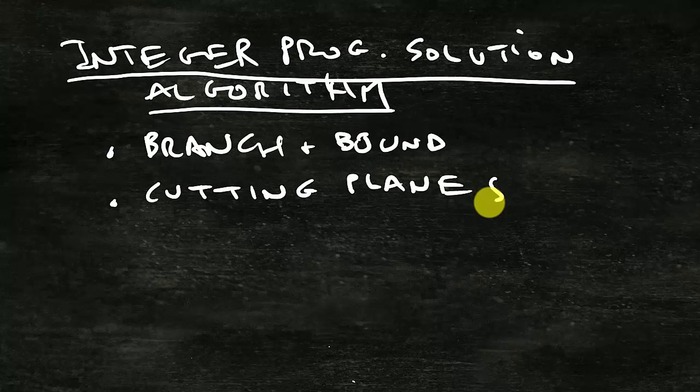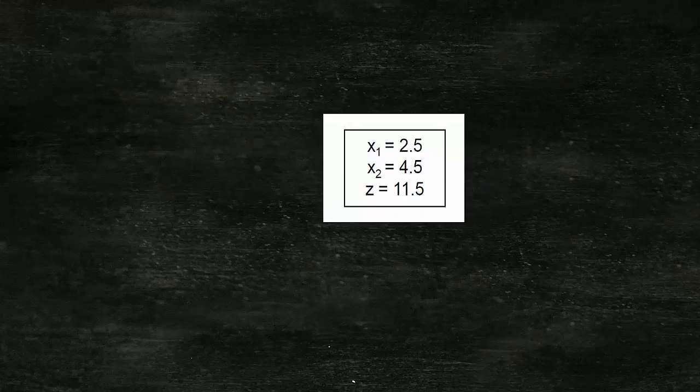So the first thing that is done is that you solve the problem as a linear program, relaxing the integer requirement, and if you're lucky, you get all integer solutions, and that's the end, but most of the time you're not.